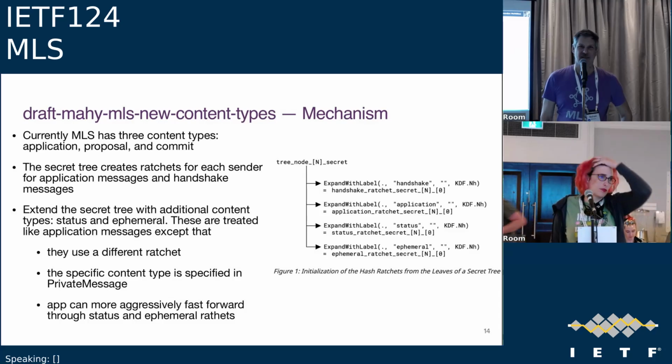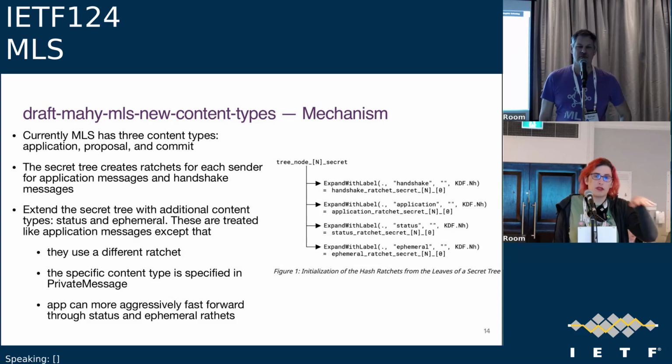Similar to what was mentioned before, I'm not really seeing how this is much cheaper than advancing the ratchet itself, because you don't have to verify a signature if you don't want to. But my other concern is these are unencrypted. This metadata is not encrypted as far as I can tell on the wire, otherwise you would have to decrypt that information.